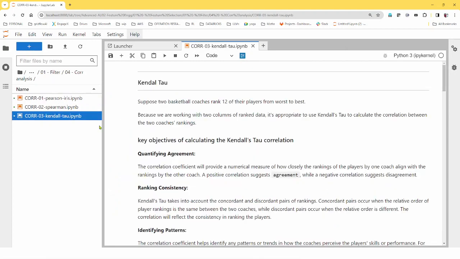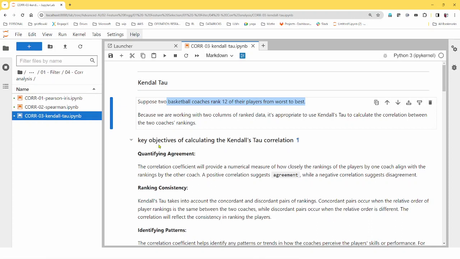Okay, so let's take a look at where to use Kendall tau. Let's take a use case here. We have a basketball team and there are two coaches, and these two coaches are ranking their players from worst to best. Means they are going to assign some number 1, 2, 3, 4, 5, and the other coach is also going to do the same. And you would like to find out if the ranks provided by coach 1 and coach 2 are in agreement or they are consistent.